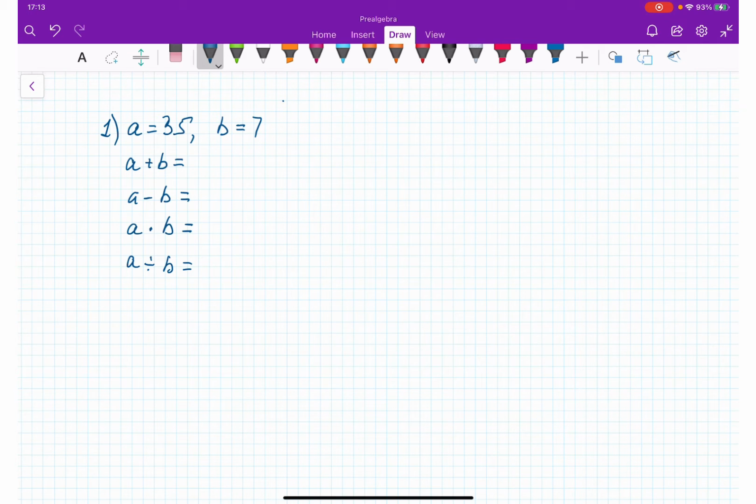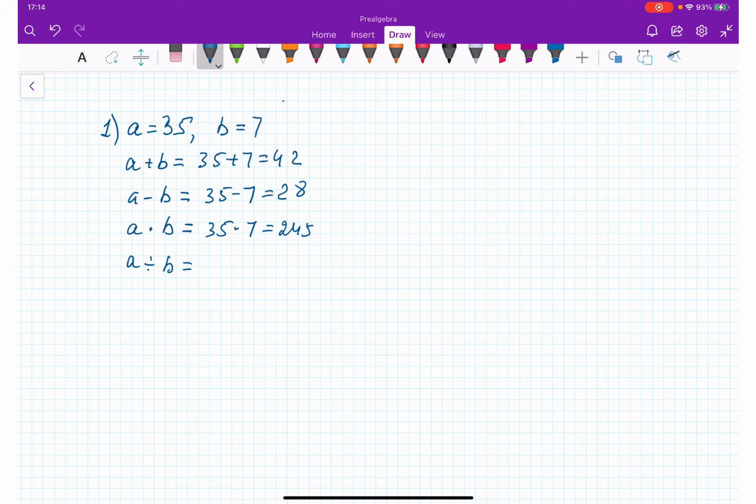So it's going to be 35 plus 7 equal 42. 35 minus 7 equal 28. 35 times 7, it's going to be 245.